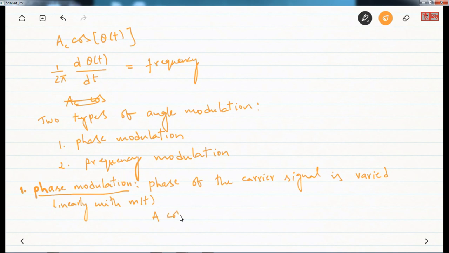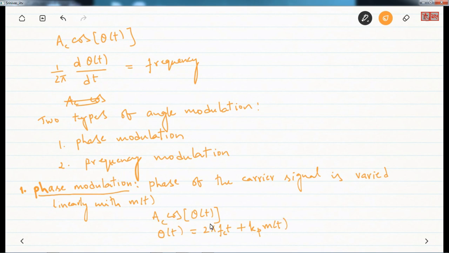Let's consider the carrier signal AC cos theta of t. So this theta of t is varied as 2 pi fct plus kp into m of t.